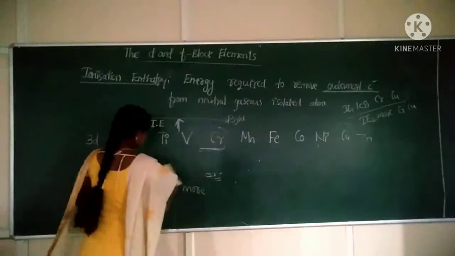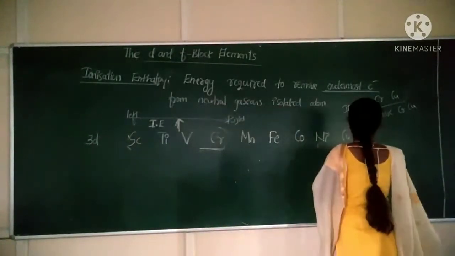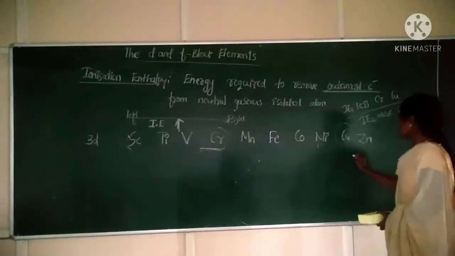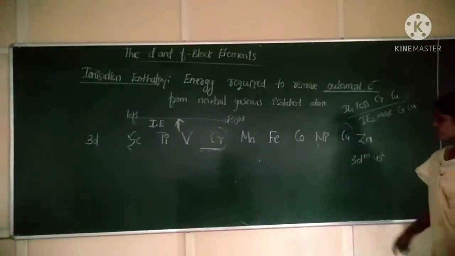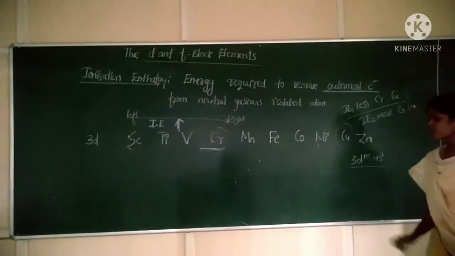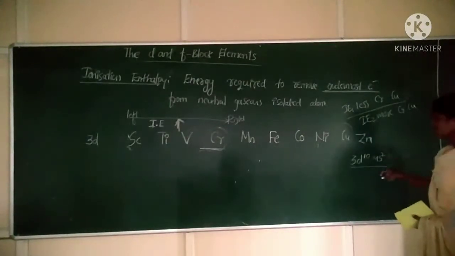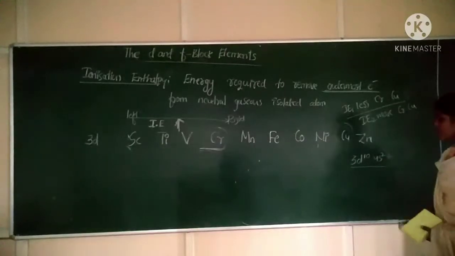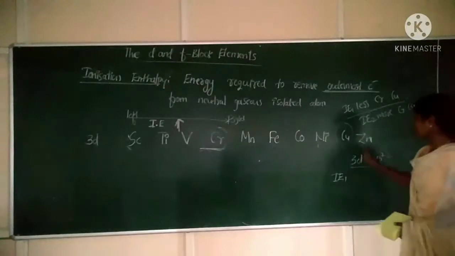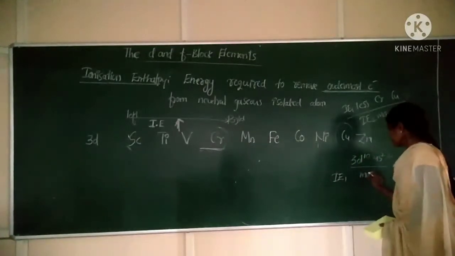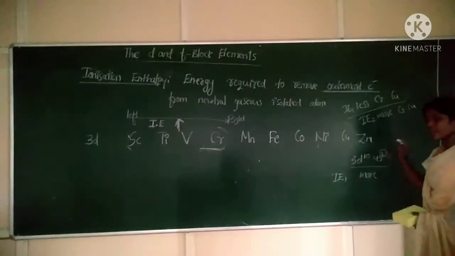Next, zinc. What is the configuration of zinc? It is 3d10 4s2. If you want to remove the first electron, from which shell must it be removed? The 4s shell. So the first ionization enthalpy for zinc will be more, because the electron is to be removed from a paired set.